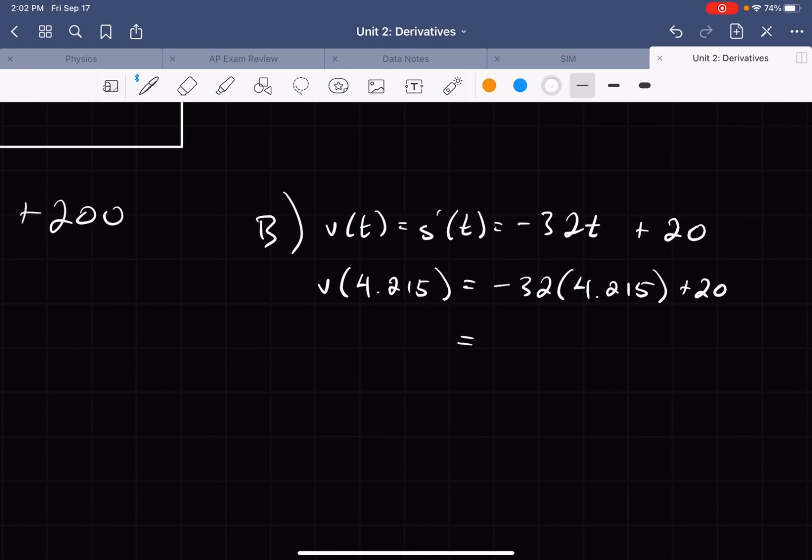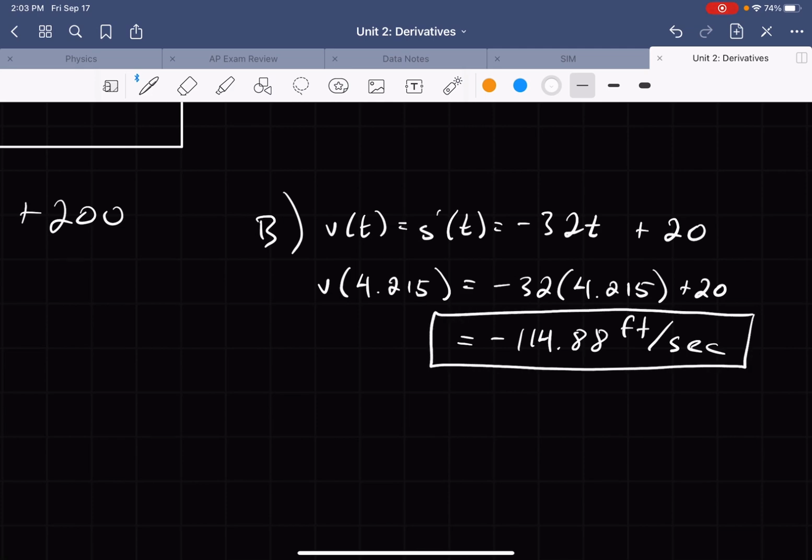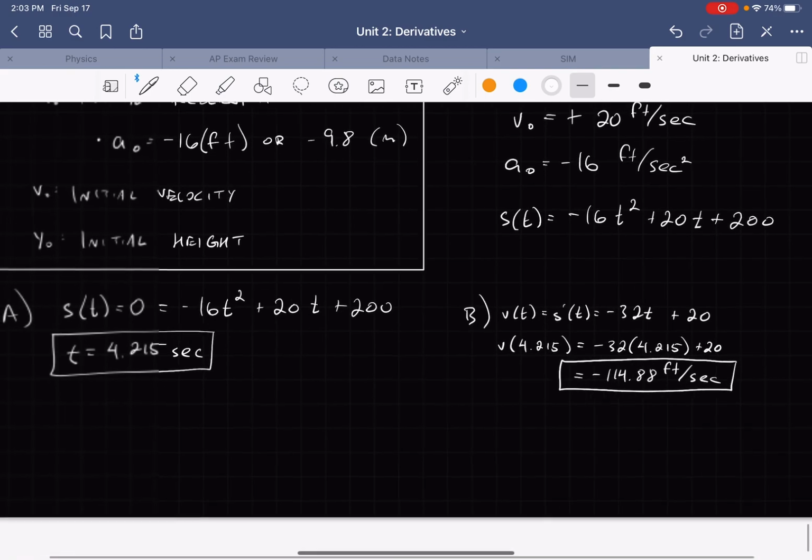And then I'm going to throw this in the calculator. Negative 32 times 4.215 plus 20 is negative 114.88. And this number is for velocity, so the velocity units would be feet per second. And that is it for that problem.